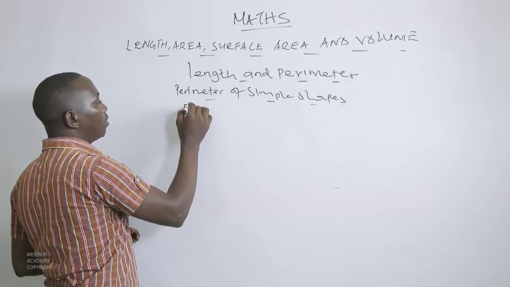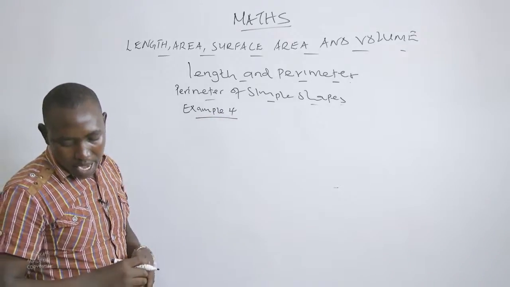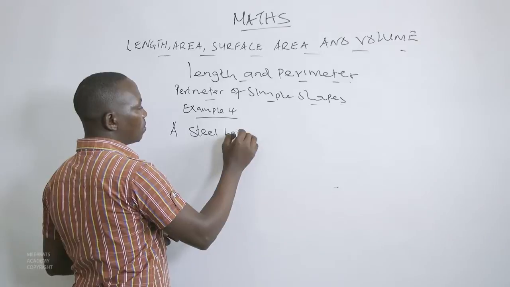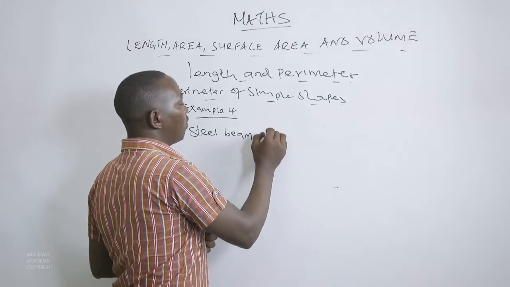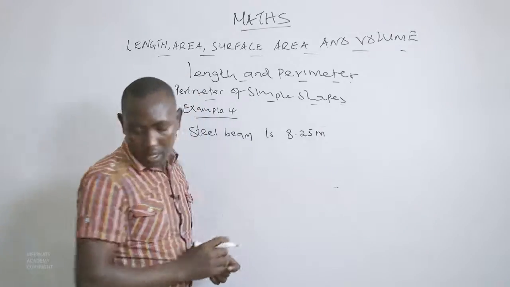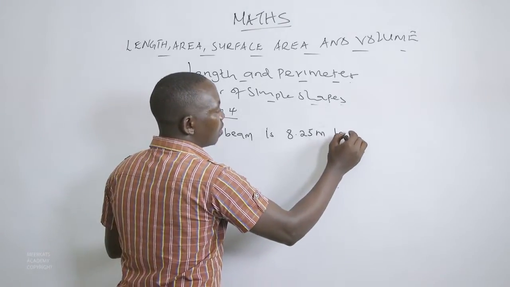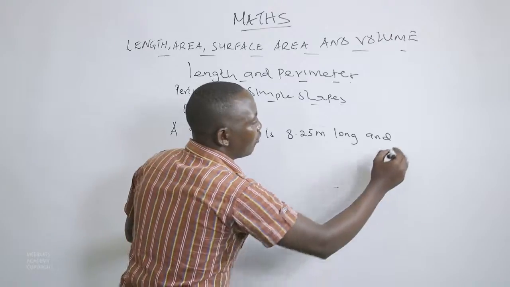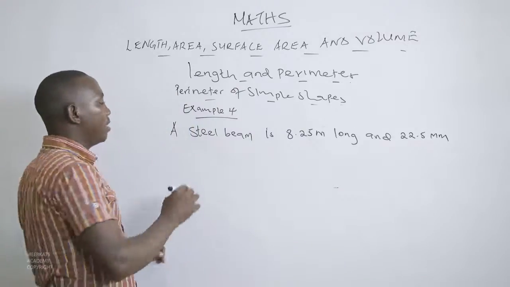Another example, example 4. We are told a steel beam is 8.25 meters long and 22.5 millimeters wide.